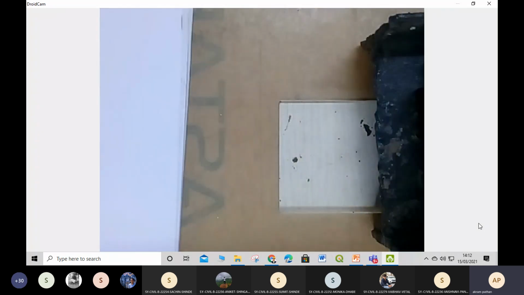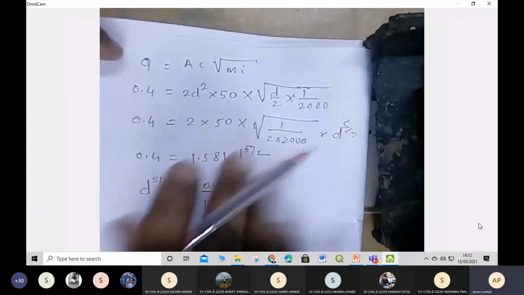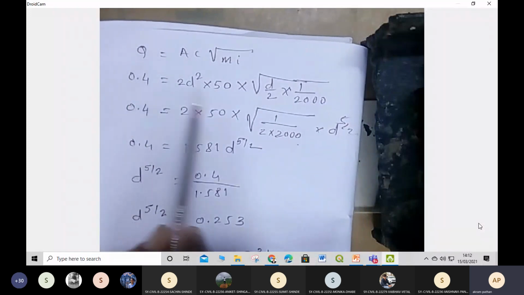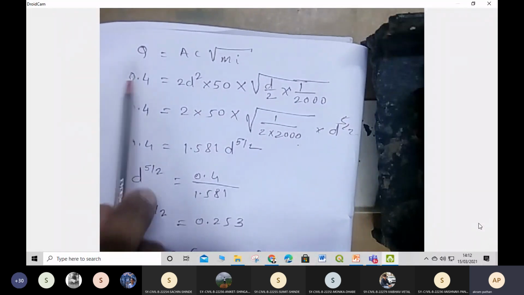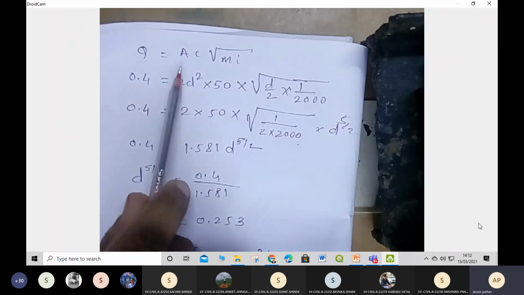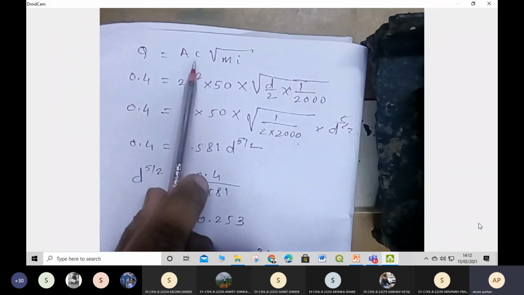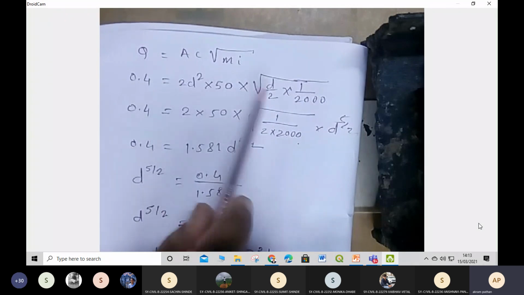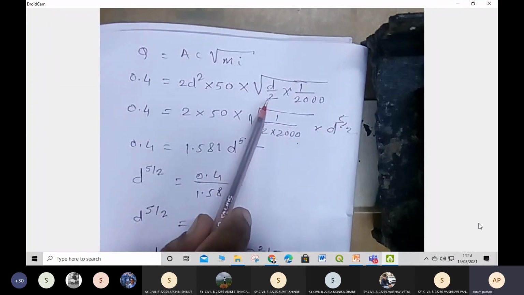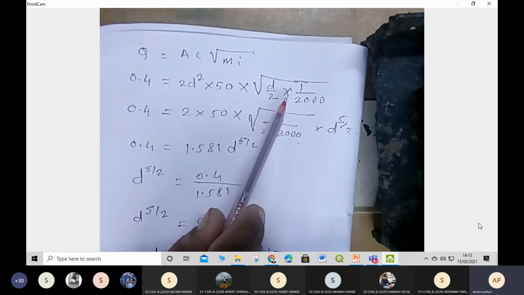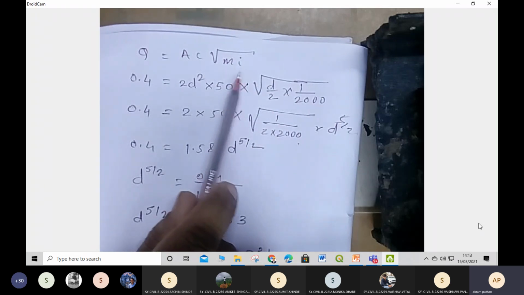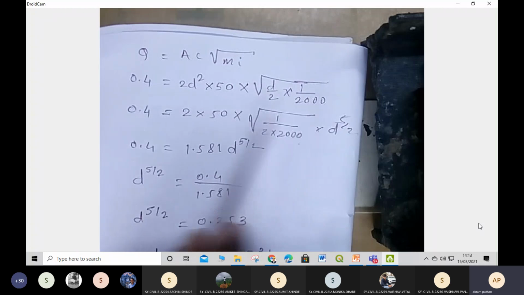Now we need to substitute the values and simplify it. So discharge is 0.4, area 2D square, the value of C is 50 into R or M is D by 2, for the most economical rectangular channel, and we substitute the slope or gradient, 1 by 2000.